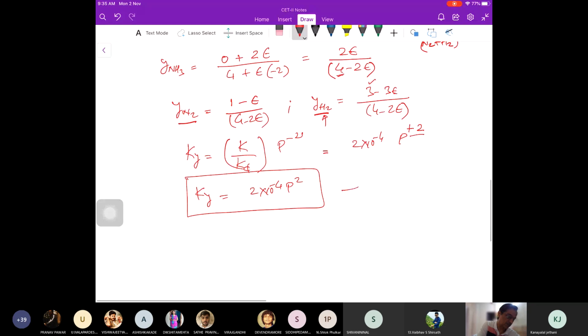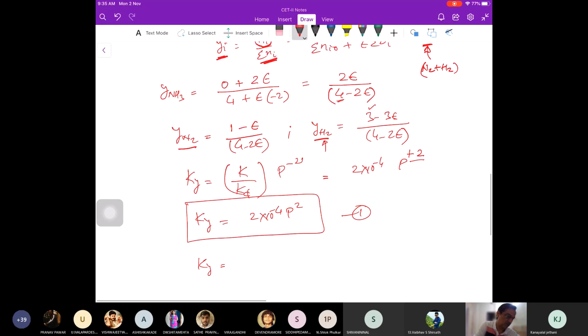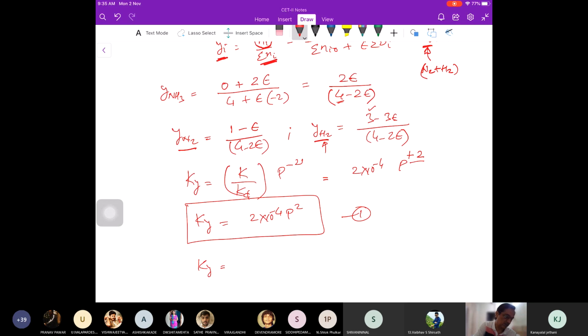Right. So this is one equation. Second equation is Ky equal to y ammonia square upon y nitrogen into y hydrogen cube, where y ammonia is 2 epsilon upon 4 minus 2 epsilon whole square.